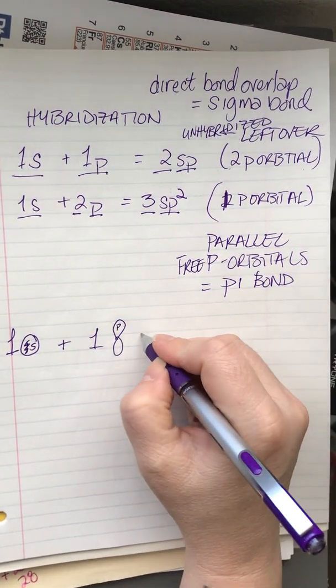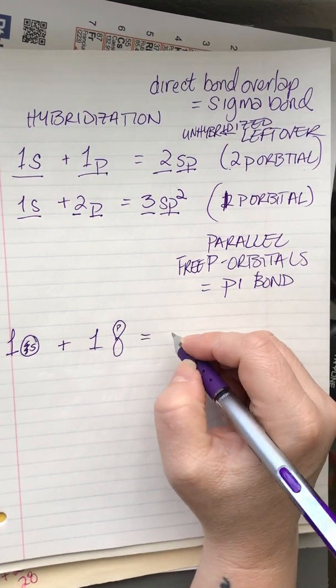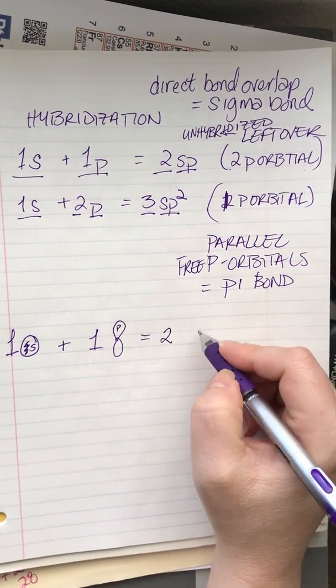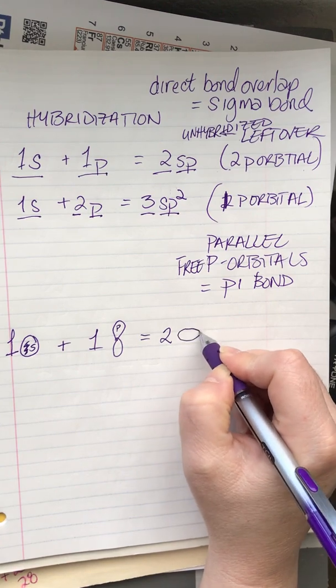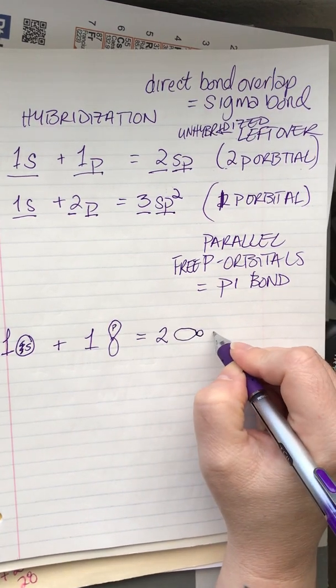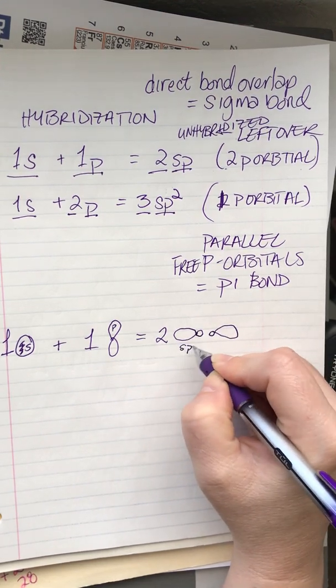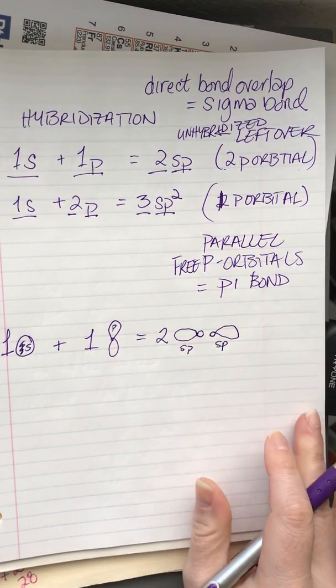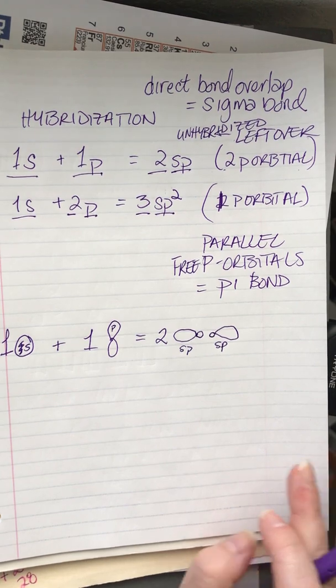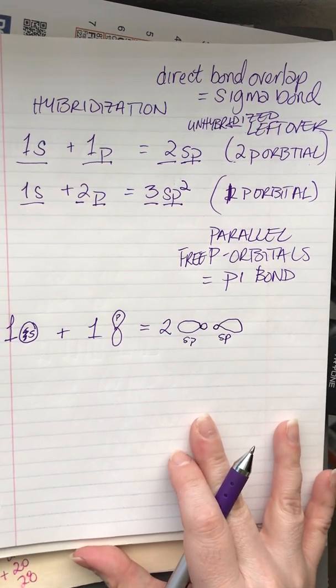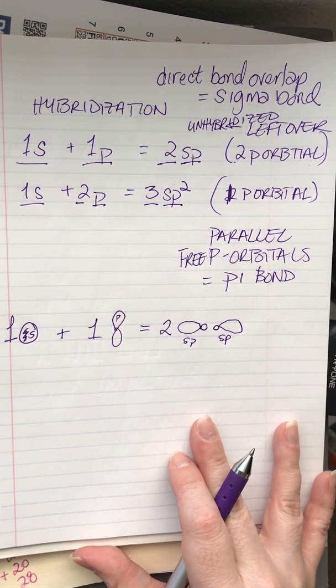Those are being combined to make two sp orbitals, right? Picking up what I'm laying down?